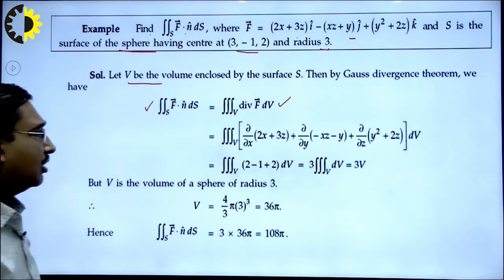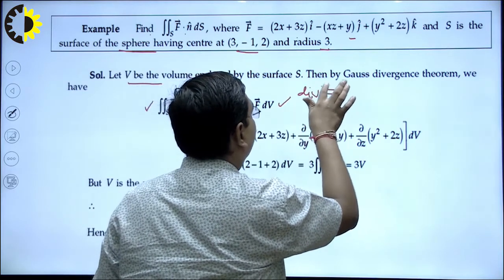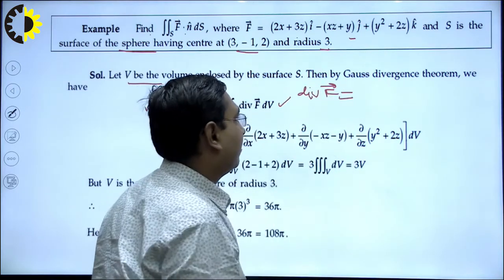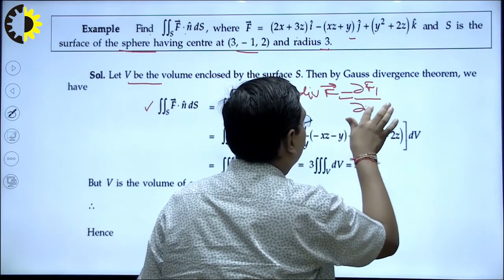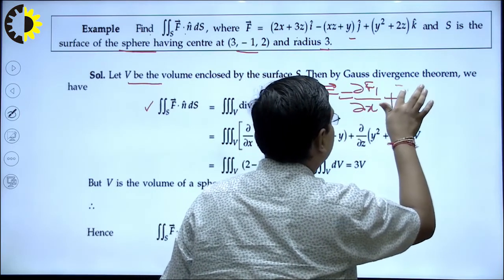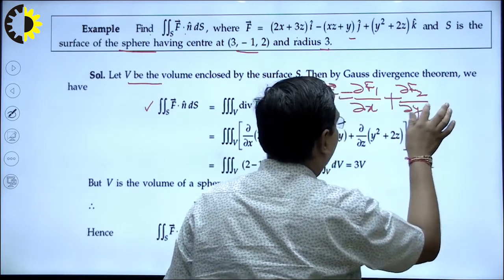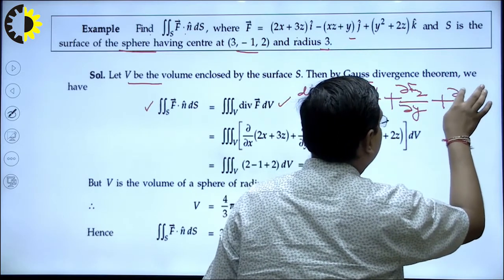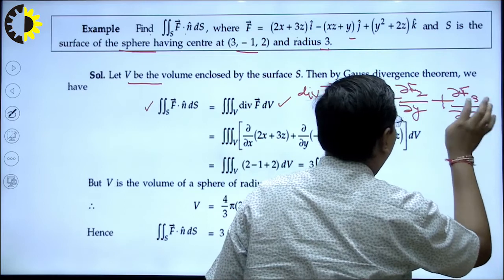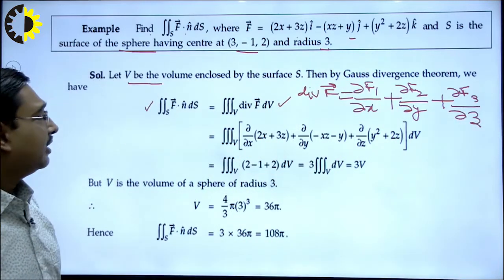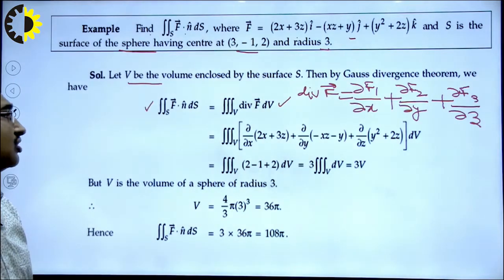Now, we recall that the divergence of a vector function f is del f1 over del x plus del f2 over del y plus del f3 over del z, where f1, f2 and f3 are the components of f.